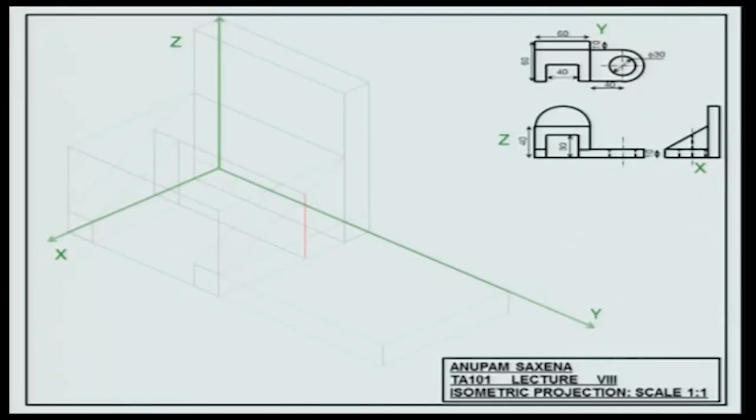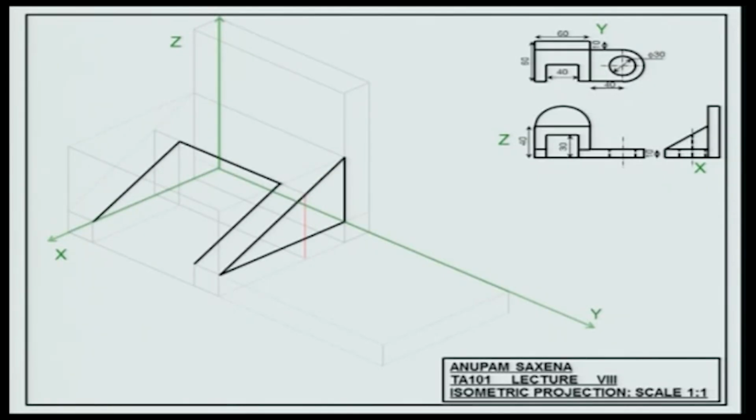Will I see this? I would see this face here on the slant. This line, this line, this line, this line, this line.